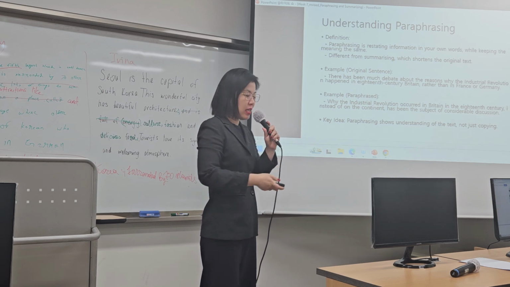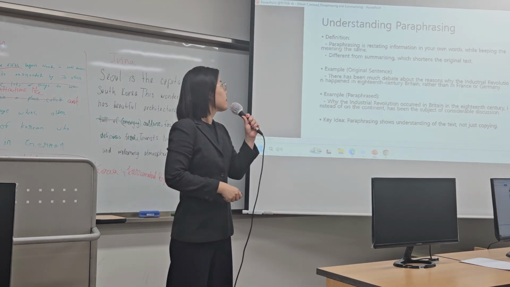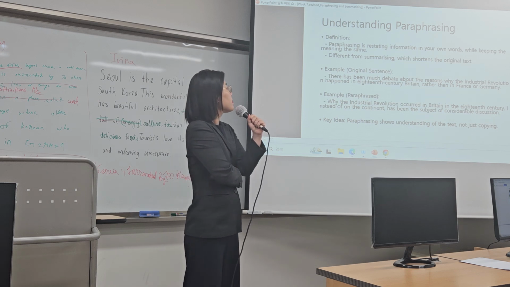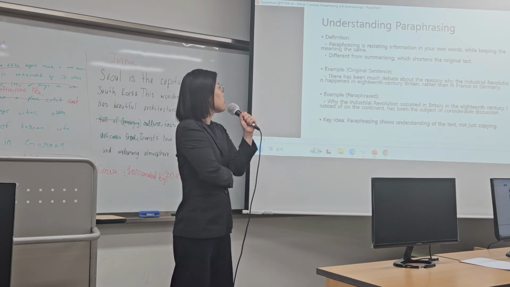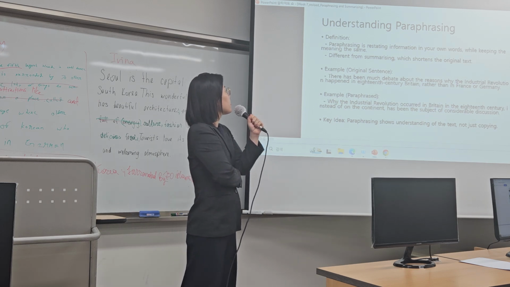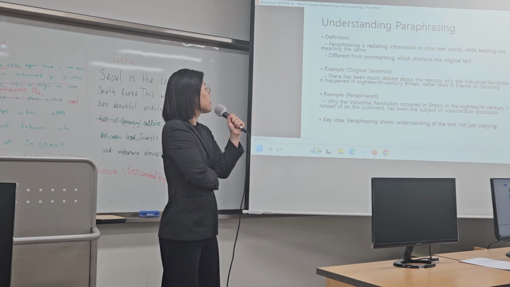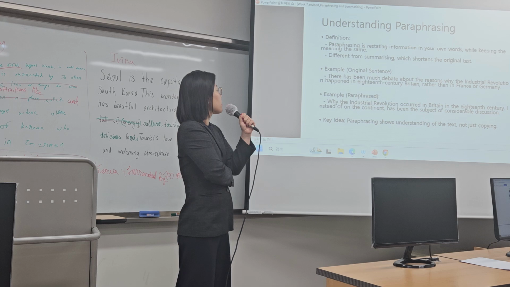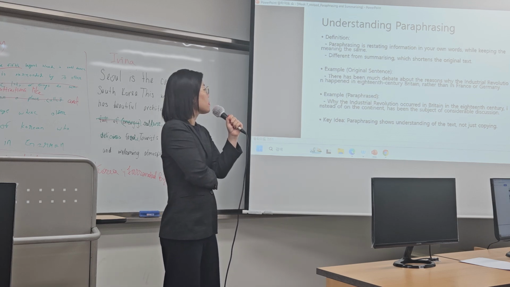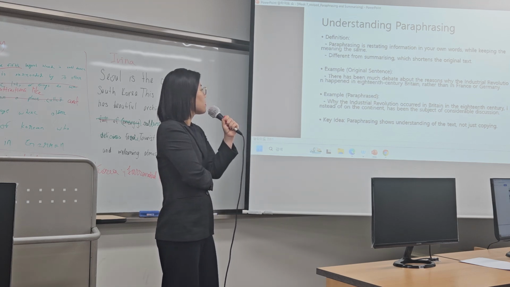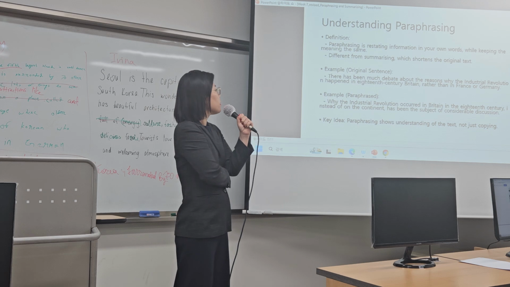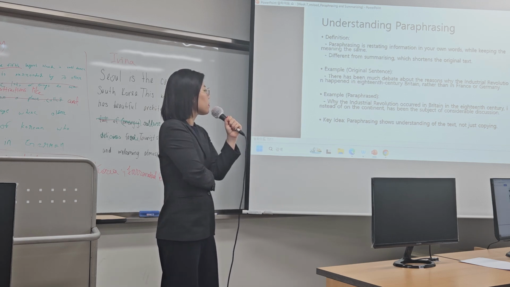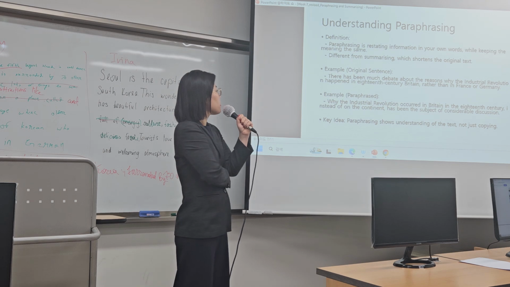Okay, back to Chinggis. Definition. Paraphrasing is restating information in your own words while keeping the meaning the same. Different from summarizing, which shortens the original text. Example. There has been much debate about the reasons why the Industrial Revolution happened in 18th century Britain, rather than in France or Germany.